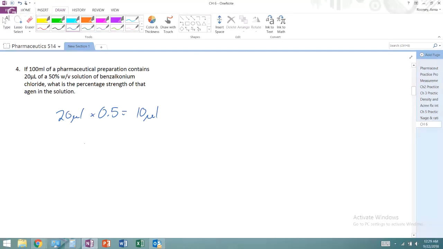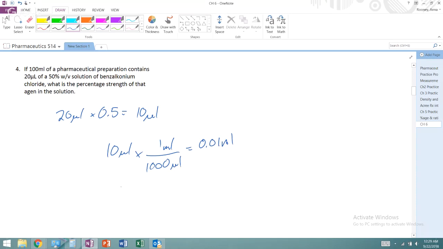And then I'm going to convert the 10 microliters to milliliters, and that should be 0.01 milliliters.